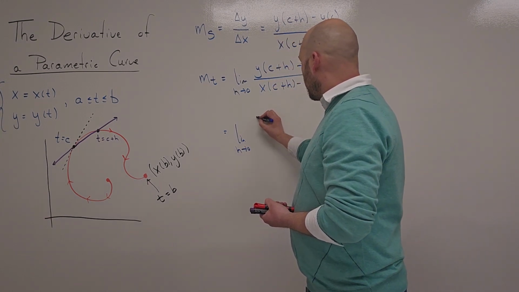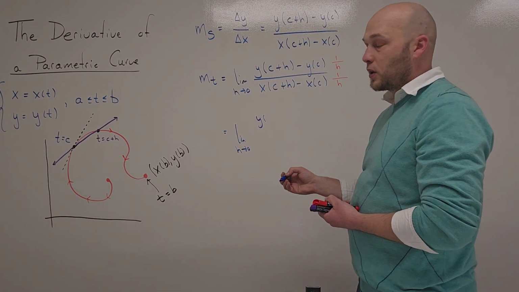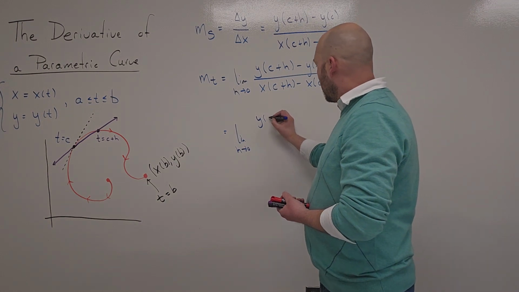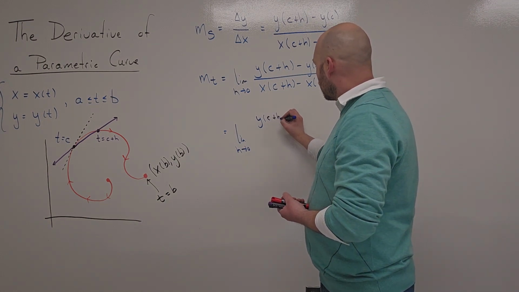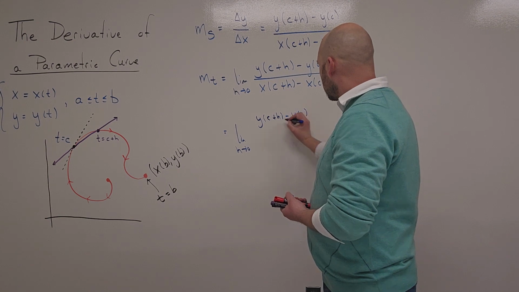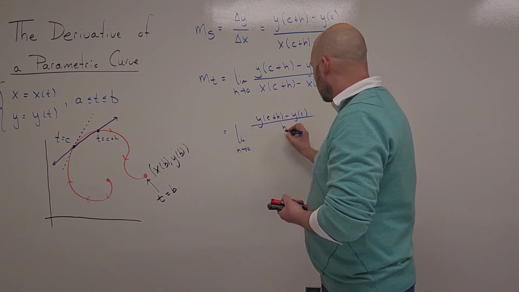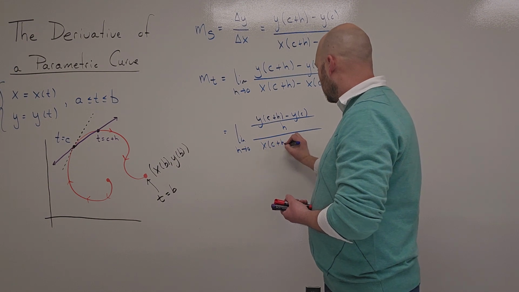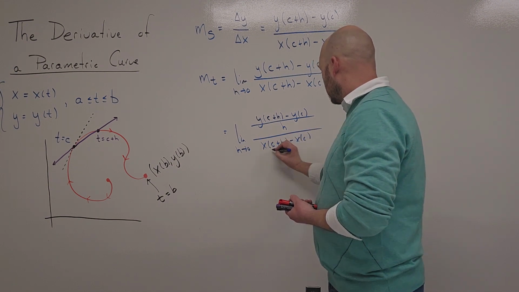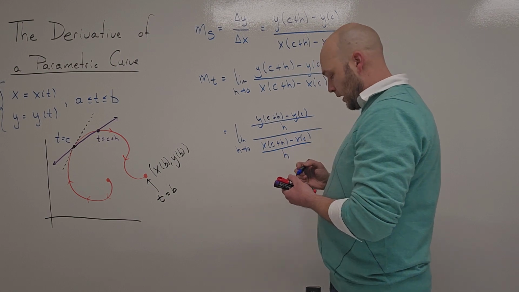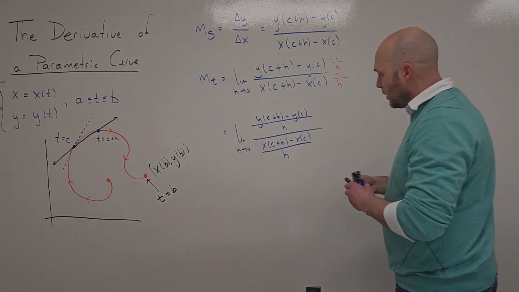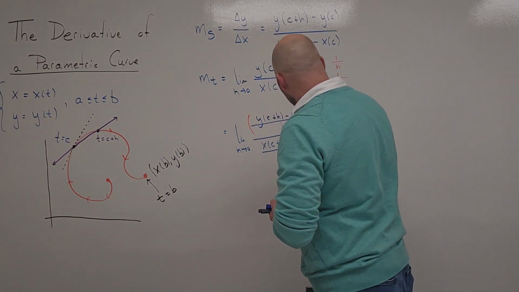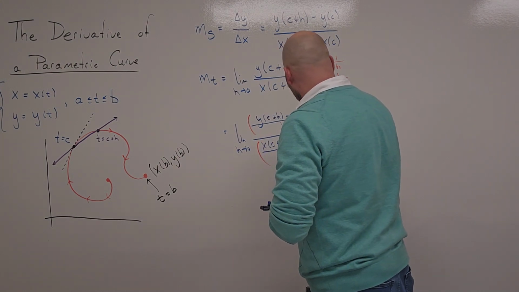And again, this is going to look messier, but it's going to allow us to be able to construct the limit. And let's put in some grouping symbols, so we see what the numerator and denominator is.